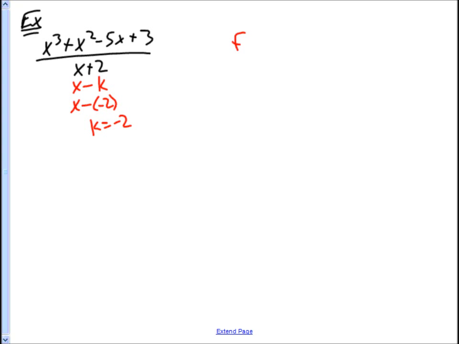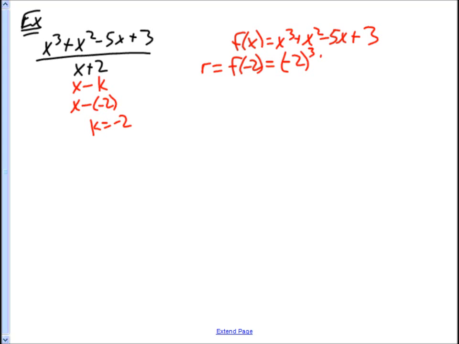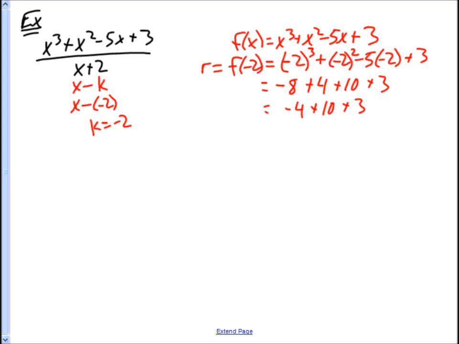So if we plug in negative 2 into our dividend, okay, we end up getting 9. Our remainder should be 9, excuse me, at the end of this. Let's go ahead and do this polynomial long division, and let's see what we get.